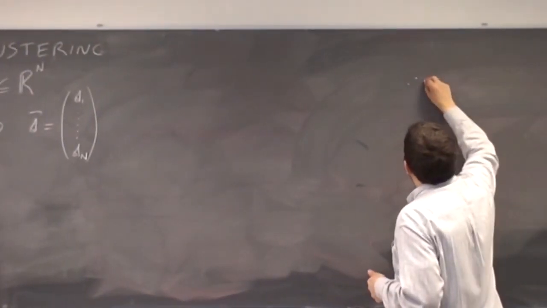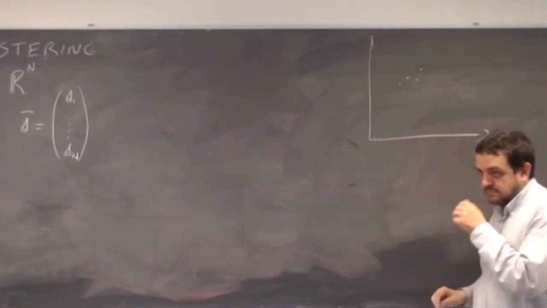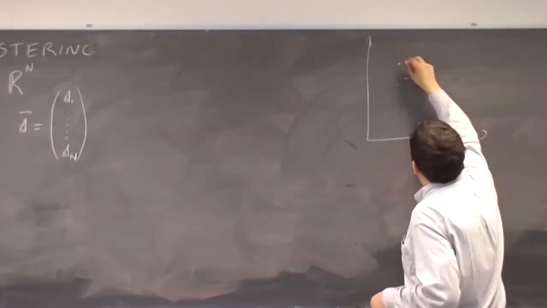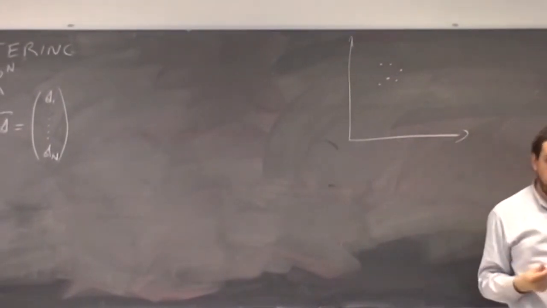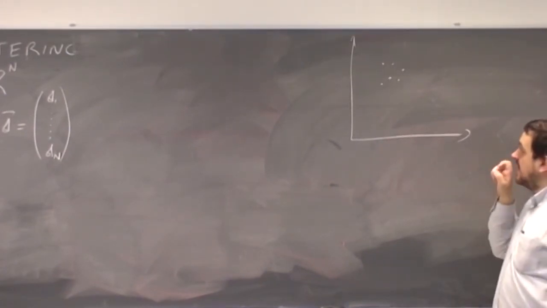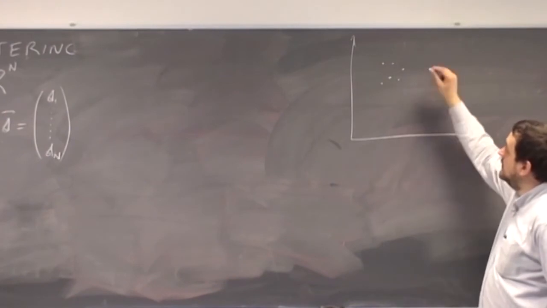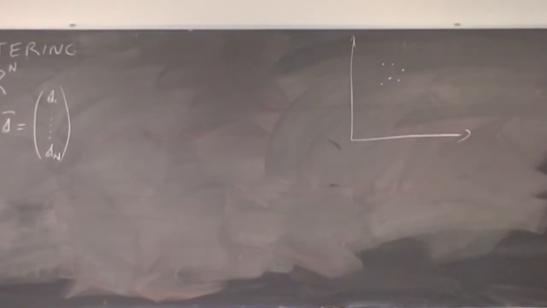So suppose that we are in a vector space and we have a set of elements here. And we ask ourselves, can we remove these elements and replace them with a single representative? And in that case, what is the representative that represents them best?